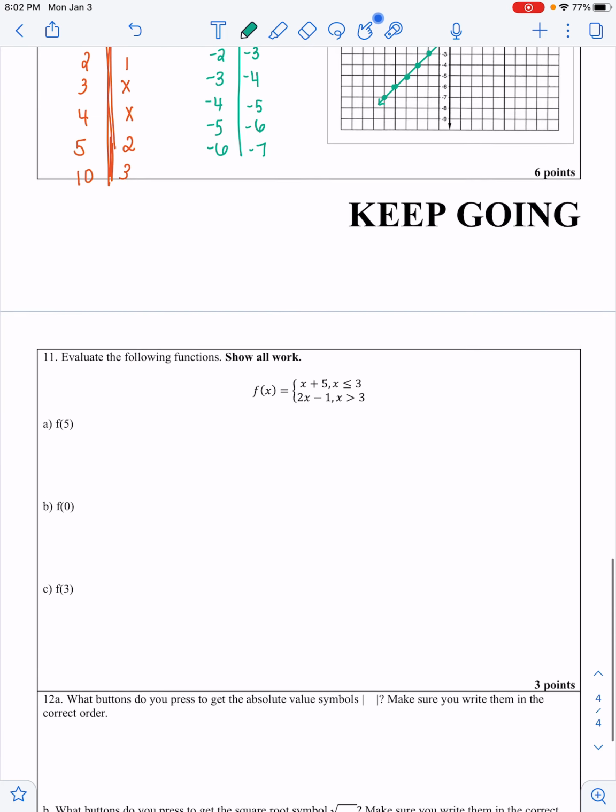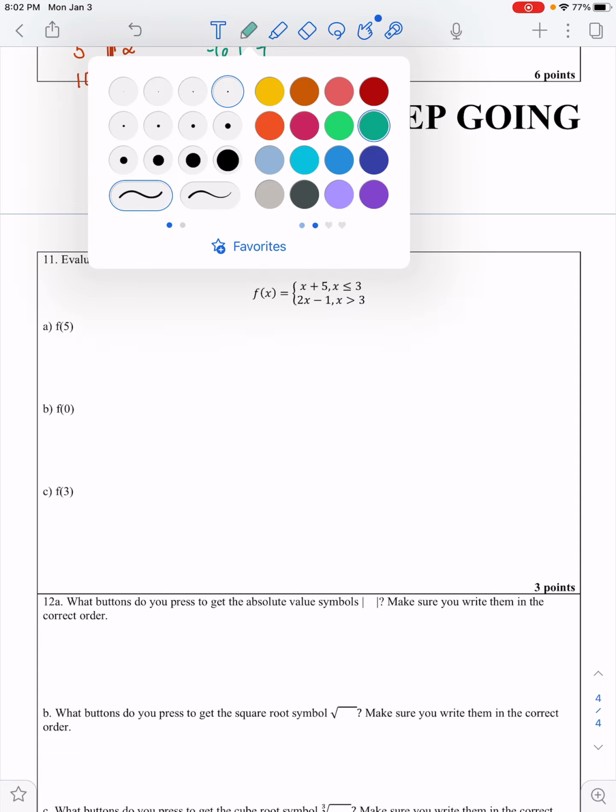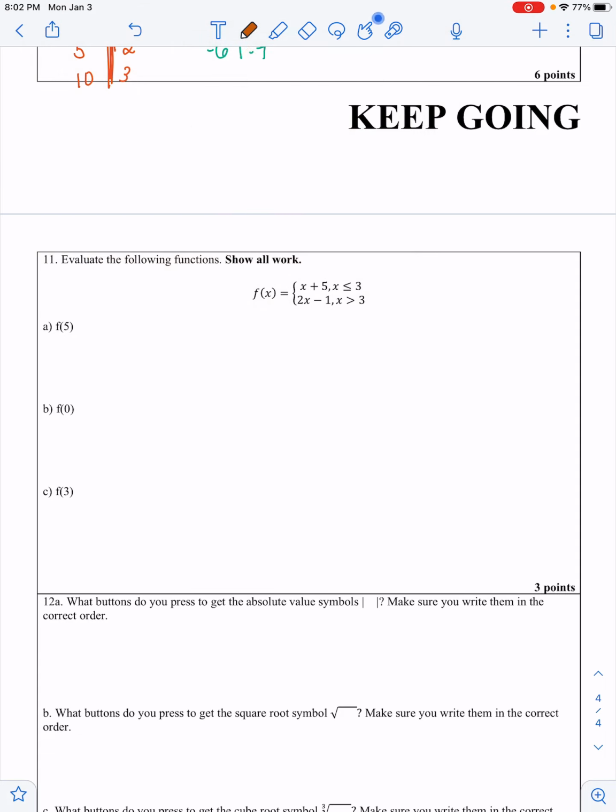All right, almost there. Number 11, evaluate the following functions. So this was the one where, since we had two functions, you had to decide which one you're going to use. I'm going to use two symbols, the star and the heart. We use f of x equals x plus 5, which is my star function, when x is less than or equal to 3. And then we use 2x minus 1 when x is greater than 3.